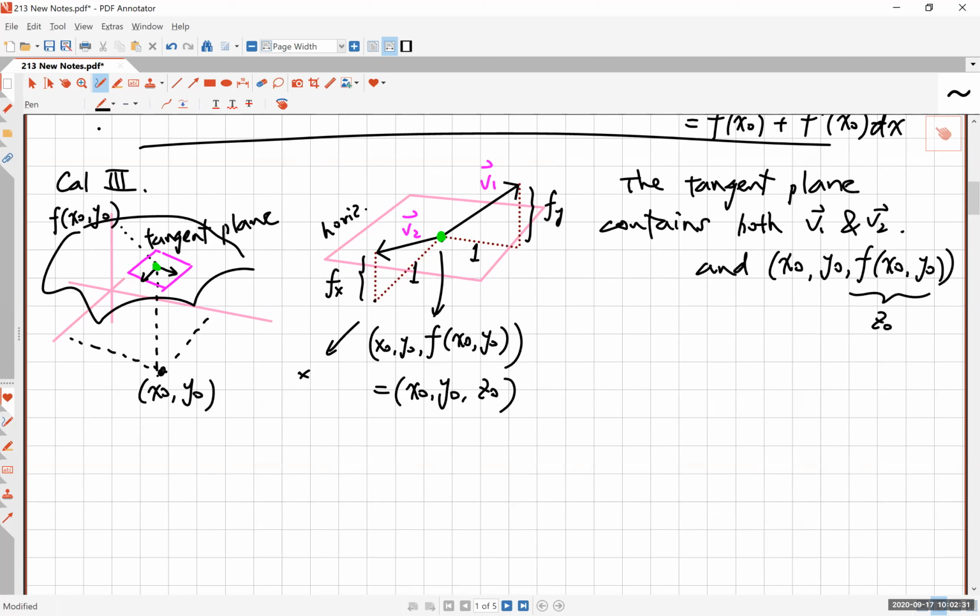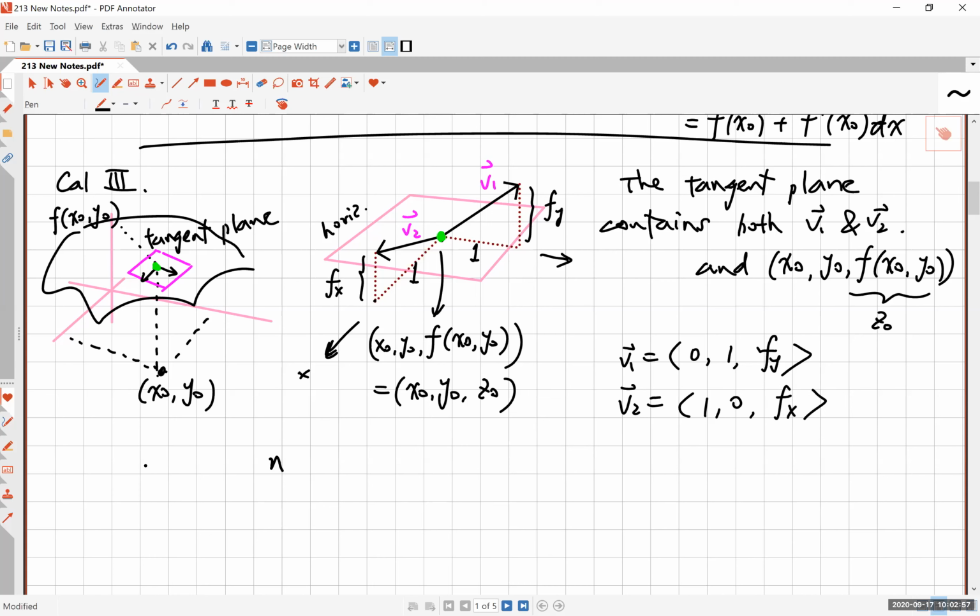Well, if it contains both V1 and V2, notice here V1 can be easily written as 0, 1, fy, okay? That's the vector. And then V2 is this vector, which is 1 because it's coming in the direction of x. The first one was coming this way, so it's 0, 1, fy. This one is 1, 0, and then the vertical component is fx.